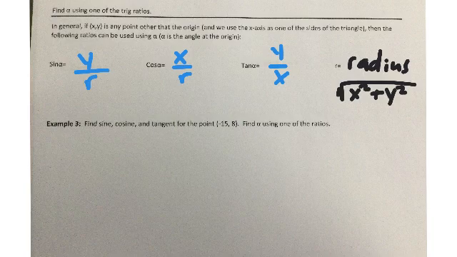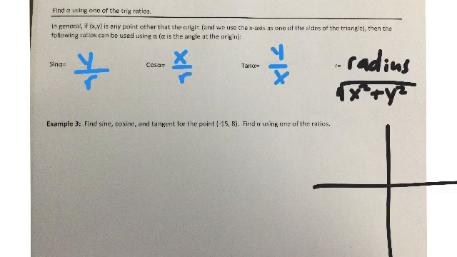Okay, so I'm going to draw this situation out. So negative 15 means I'm going to go left 15 and then up to 8. So again, this side length is 15. This one is 8. And I'm in the second quadrant.